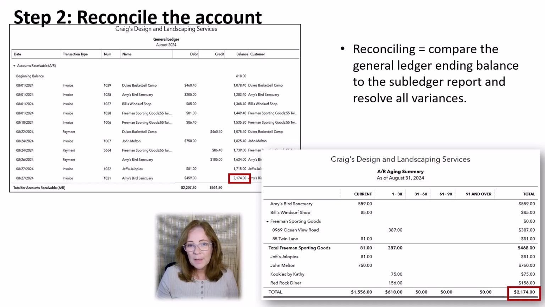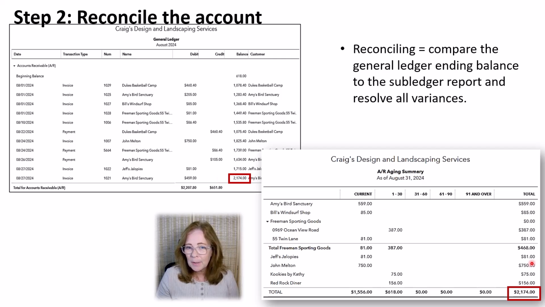That brings us to step 2 of the 4-step process, which is reconcile the account. That means that you compare the ending balance from the GL detail report to the grand total of the AR aging subledger report. In our example, the GL report for Craig's Design and Landscaping Services shows an ending balance of $2,174 as of August 31st.